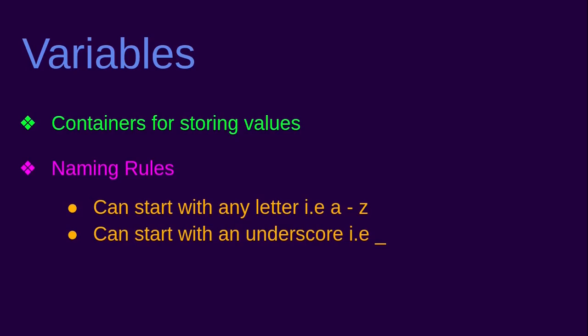So these two rules, if simplified, are saying that whenever you're naming your variable, you can either choose the first character to be any alphabet from A to Z. It doesn't matter whether it's a capital letter or a small letter, or you can start with an underscore. That makes sense, right? So when you name your variable, you can use any letter from A to Z or an underscore as the starting point of your variable.